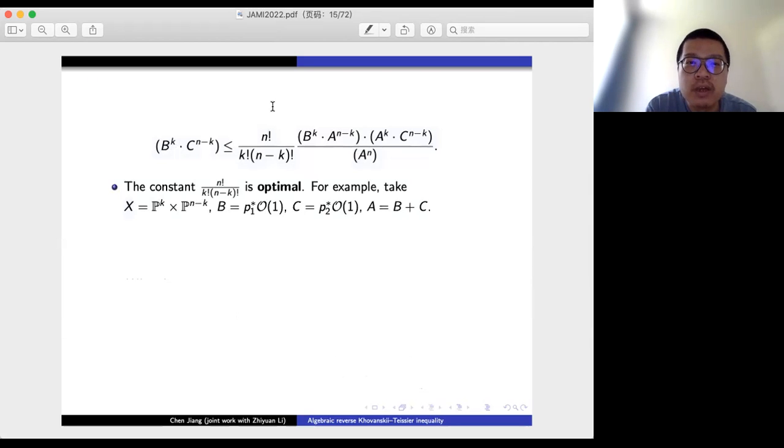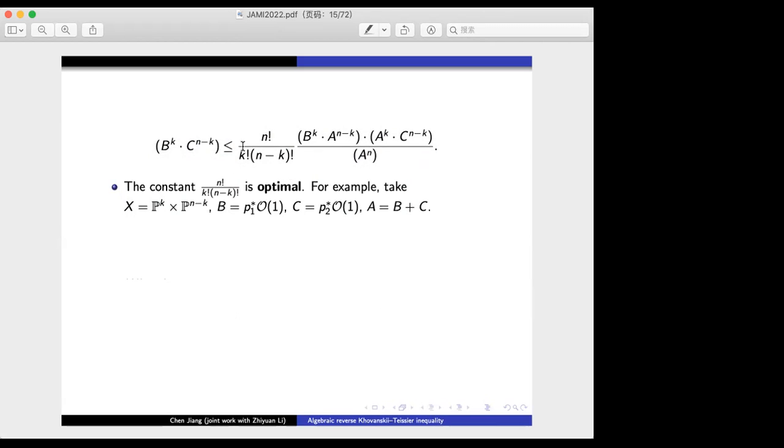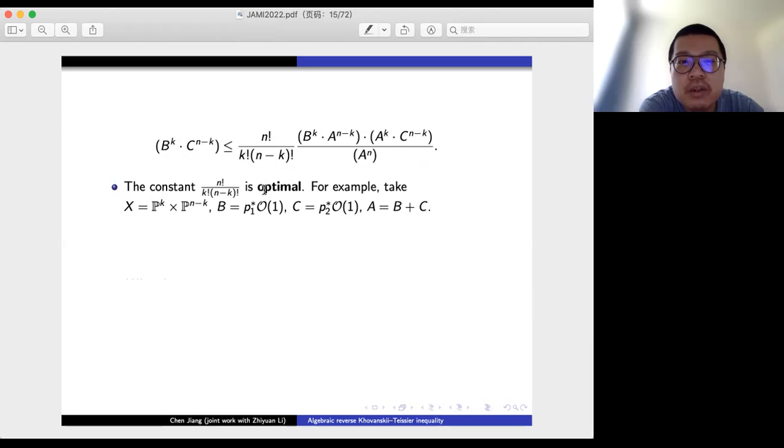So we want to show this inequality, and actually this constant, so here you can see the binomial number, right? This binomial number is optimal, and the example in your mind is quite easy. So you just think of the product of projective spaces, and you take B and C to be the pullback of O(1) from both sides, and you take A to be B plus C, and then you can easily compute that both sides are just 1.